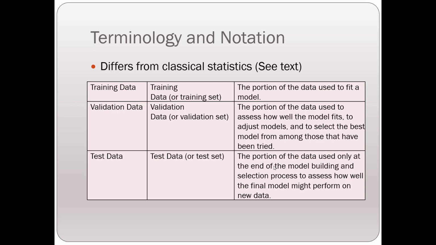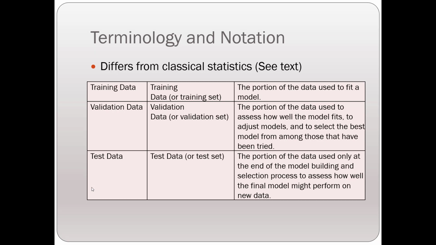Now, training data, validation data, and test data. These are three different data sets that are typically used in data mining. In old and classical methods, the data available was kind of limited, so we had to use the available data for both prediction as well as evaluating the error rate in prediction. In other words, how well the prediction is working.